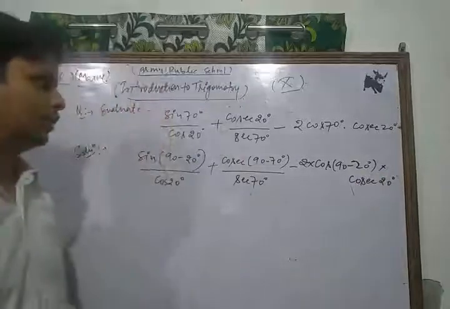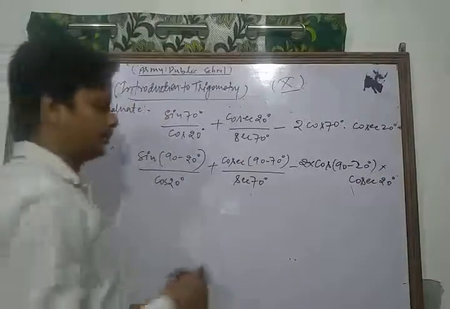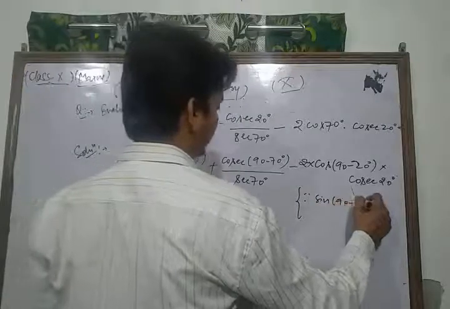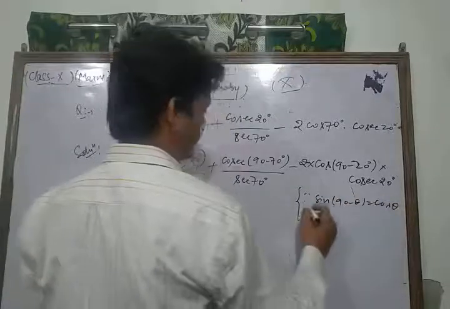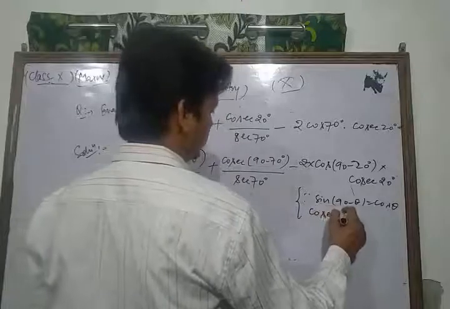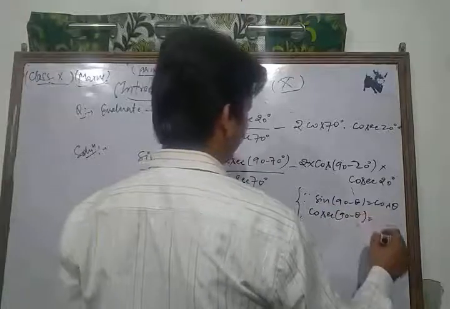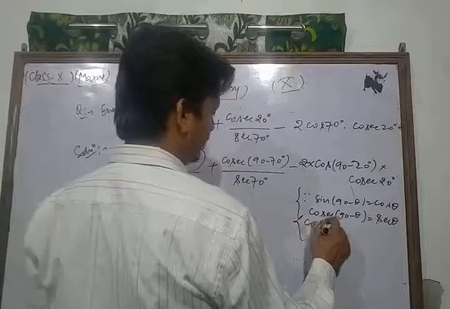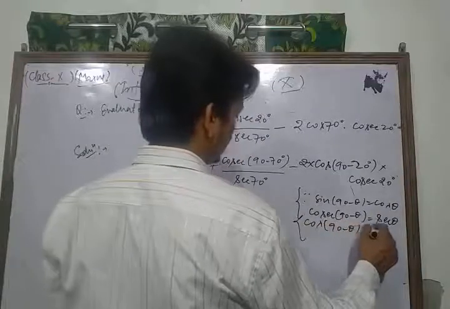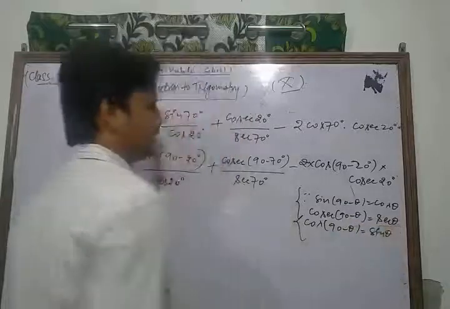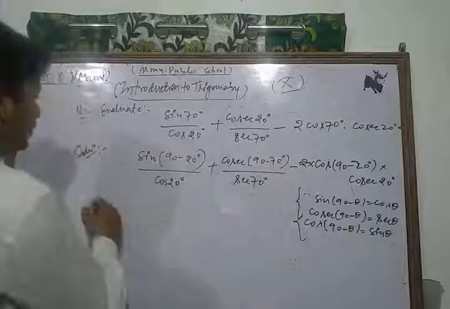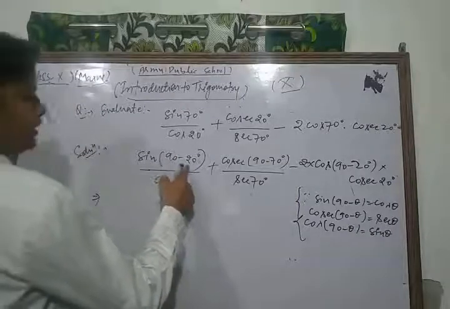Now since we know that, dear friends, sin 90 minus theta is equal to cos theta, cosec 90 minus theta is equal to sec theta, and cos 90 minus theta is equal to sin theta. We know all those formulas, so here we apply them. Sin 90 minus theta is what?